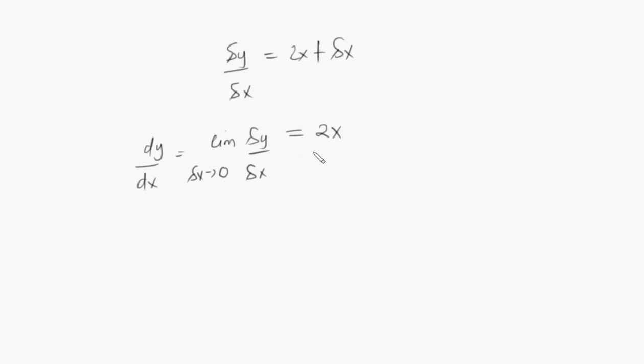Or in other words, kama tulivyosema in the last tutorial kwamba no matter how Q gets closer and closer to P, the gradient will approach 2x. Now this 2x sasa ndio gradient of a curve at point P, and this 2x now ndio dy over dx.